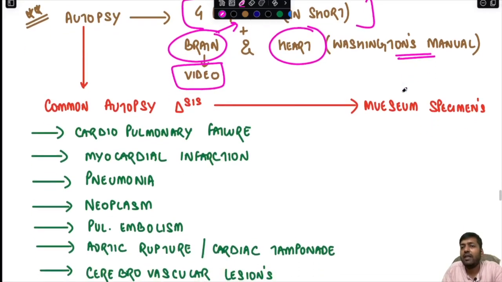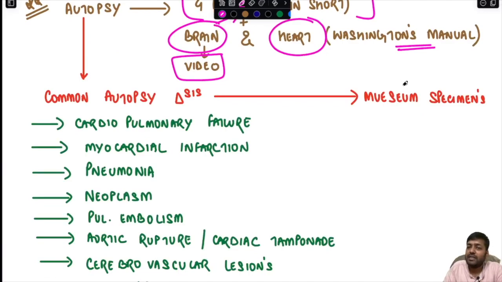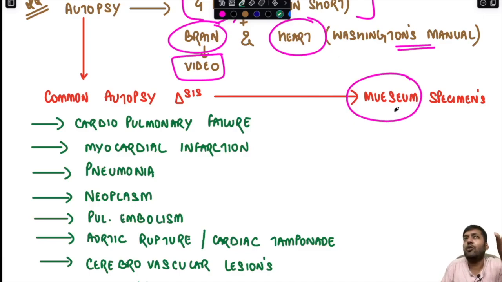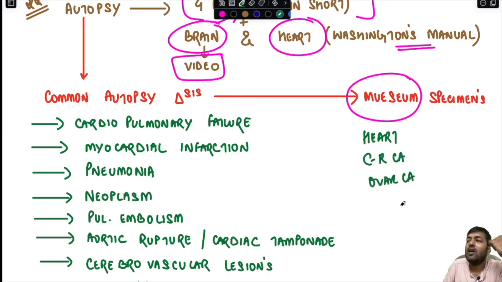Now, what is very commonly asked along with the autopsy is the post-mortem PM specimen, that is a museum specimen, the same specimens that you have in your MBBS. They will keep a heart, rheumatic heart disease, or infective endocarditis, or colorectal carcinoma, or an ovarian carcinoma, or a gastric carcinoma specimen, neoplasms, or a myocardial infarction MI specimen.